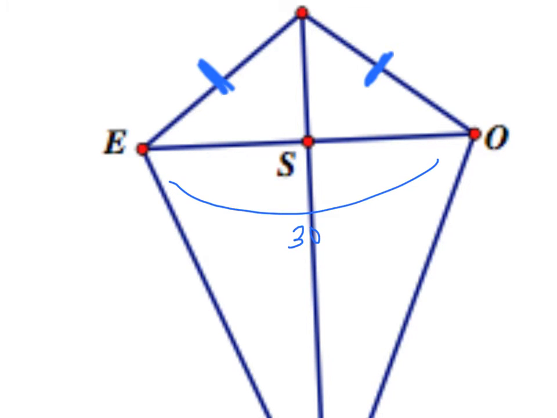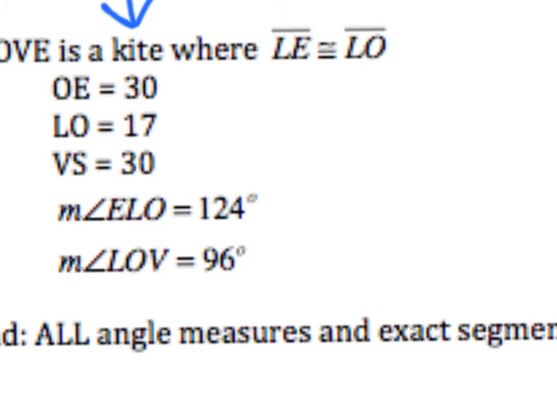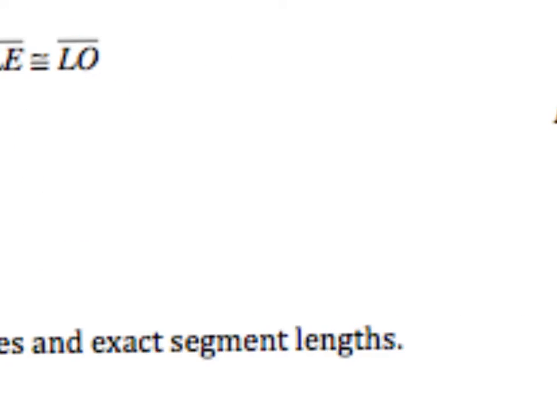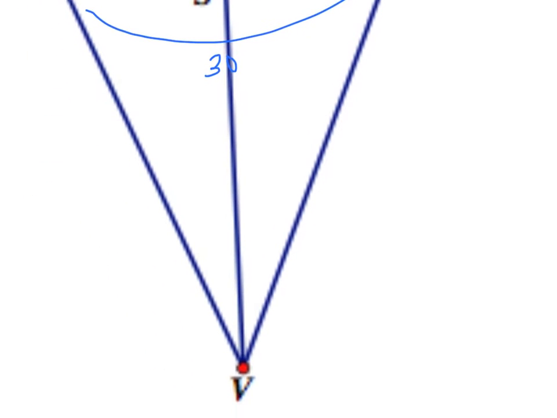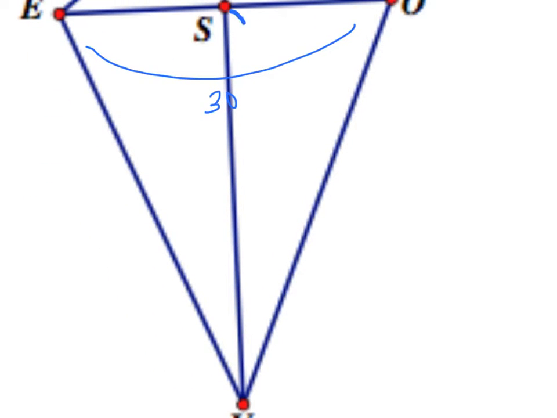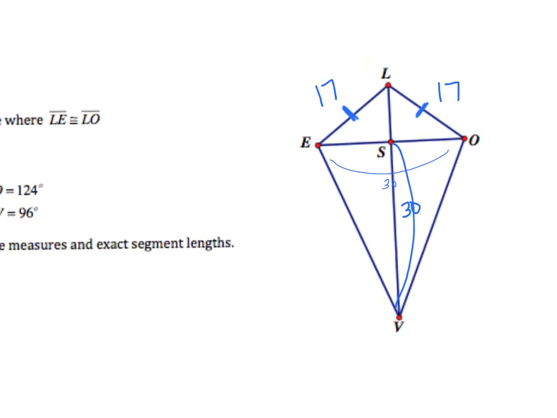LO is 17, which also makes LE 17 as well, because they're congruent. And then the last thing that we know, VS is also 30. Okay, so those are as many side lengths as we know.